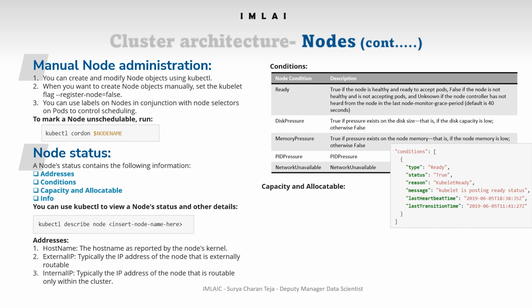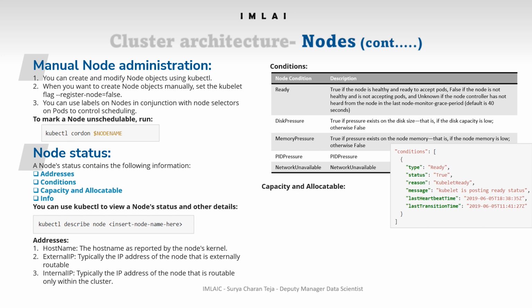Then we will look into the conditions. The conditions field describes the status of the running nodes. Some examples of the status of the running nodes are ready, disk pressure, memory pressure, PID pressure, network unavailable. Disk pressure will be true if pressure exists on the disk size, that is if the disk capacity is low, otherwise false.